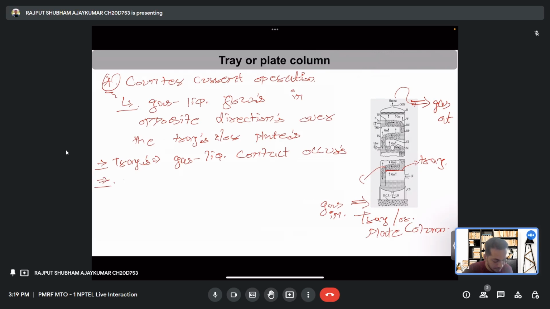So there is another term called downcomers. The liquid flows from one tray to another tray. Suppose this is one tray and this is another tray. So liquid flows from one tray to another tray through the downcomer. Similarly here the liquid flow is, so this is the downcomer.